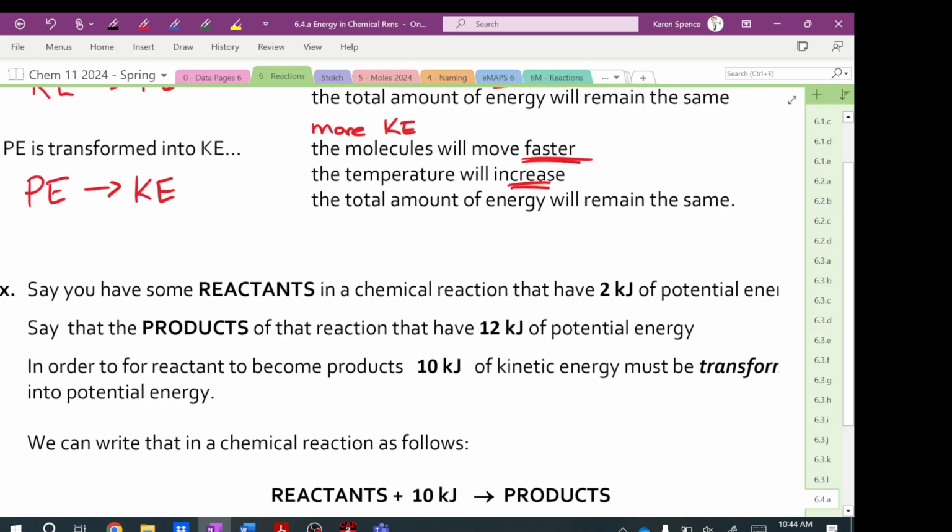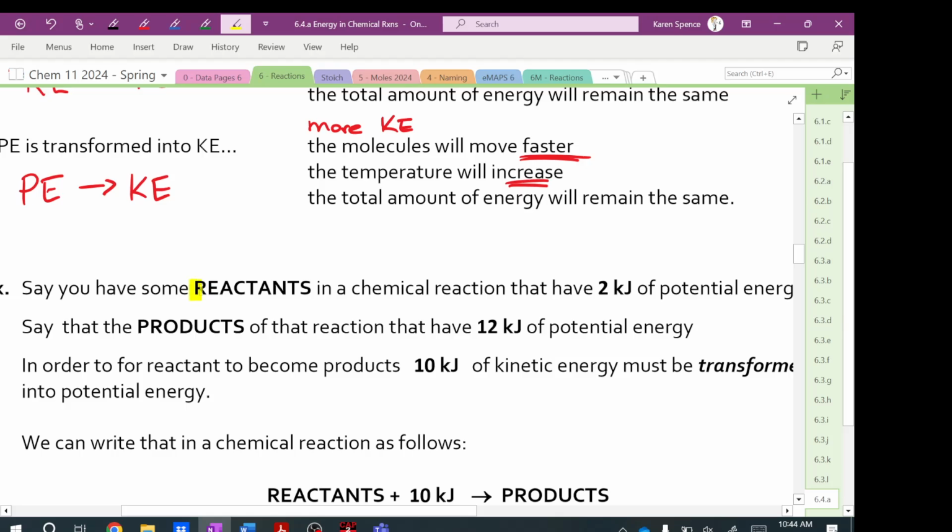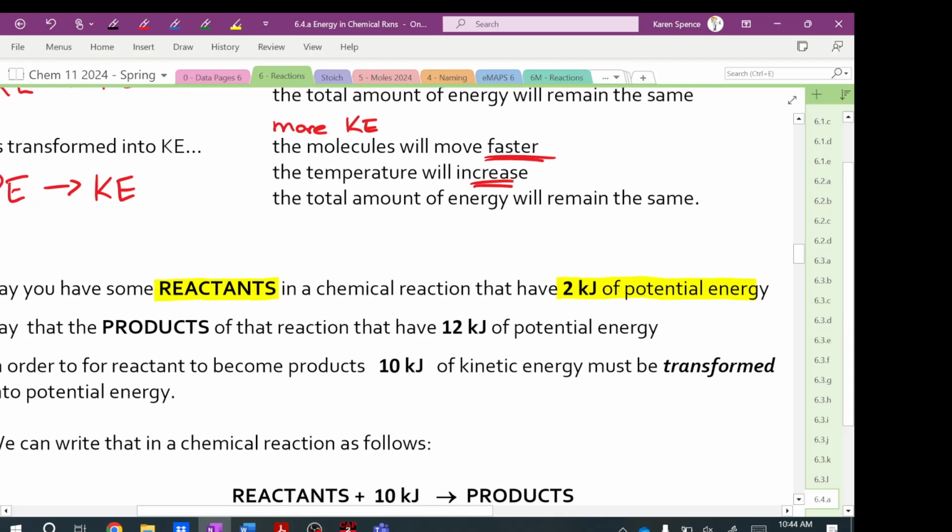So now say we have some reactants, and let's say that they have 2 kilojoules of potential energy. We also have some products, and the products have more potential energy. They have 12 kilojoules of potential energy.